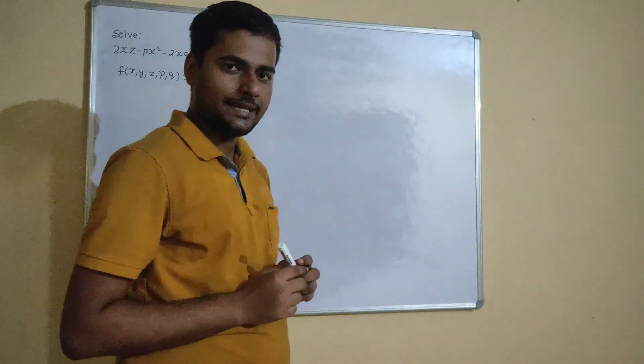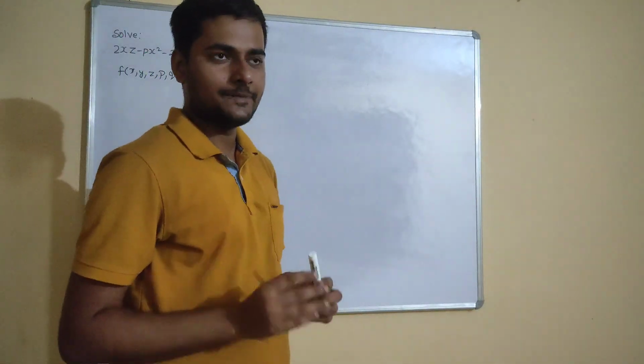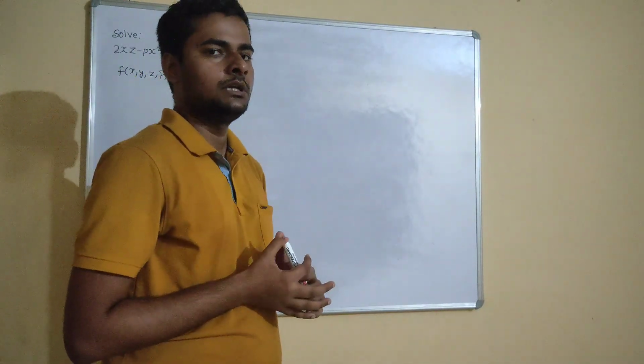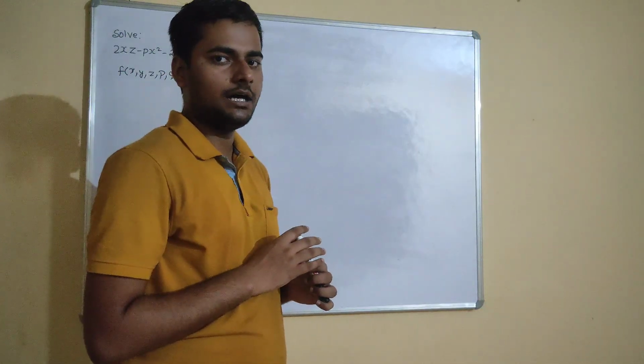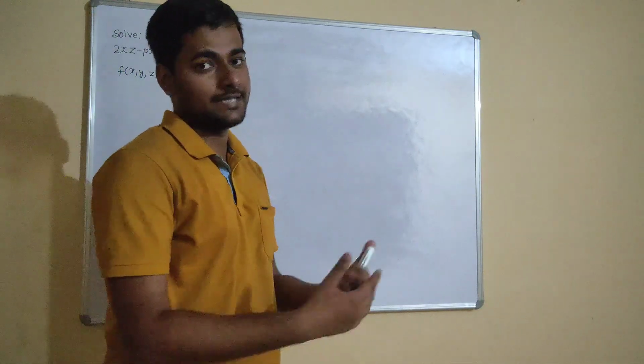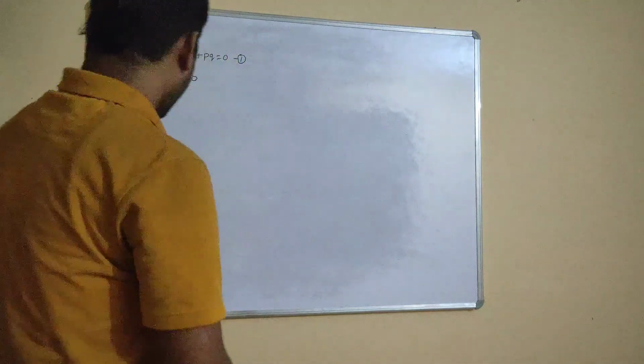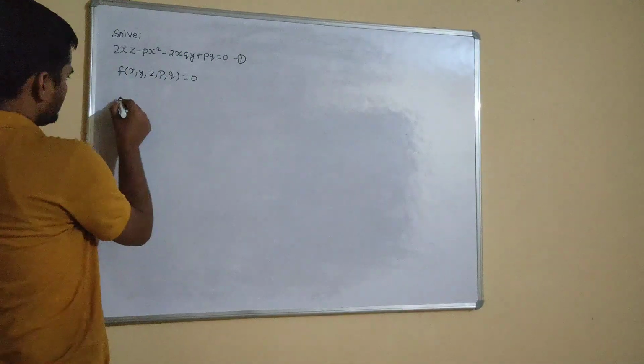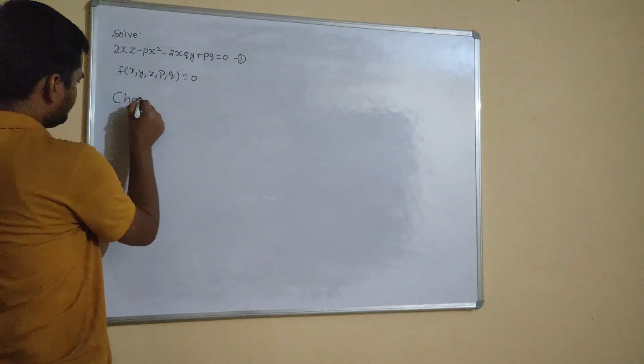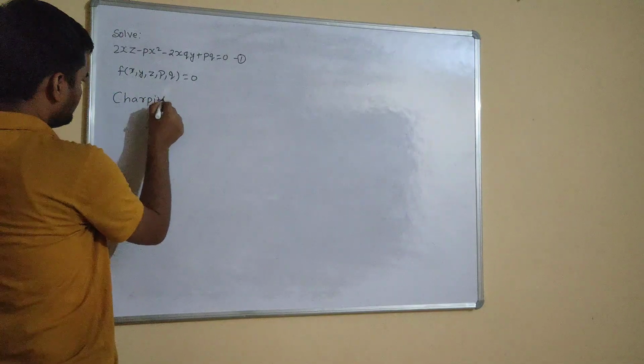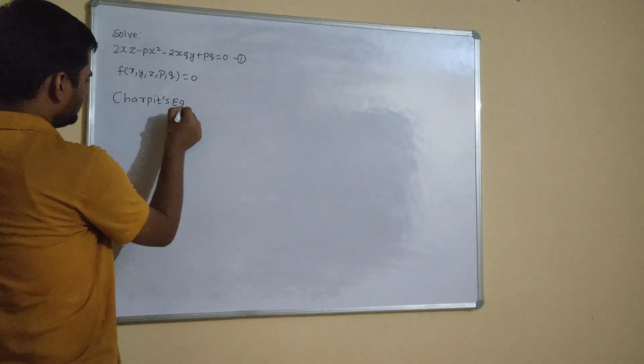What is the second step? The second step is the most important one. There we have to write the auxiliary equation, Charpit's equation, whatever you like to call it.